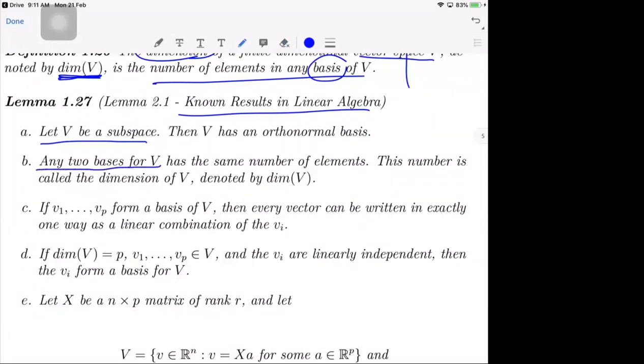Okay, any two bases for V have the same number of elements, or the same dimension, because if you recall, the dimension of V is the number of elements in any basis. So this number is called the dimension of V.